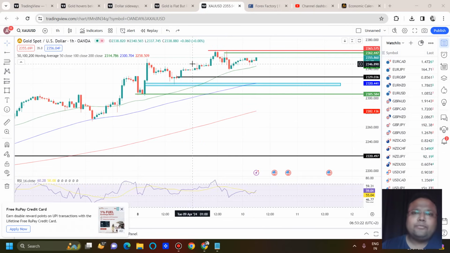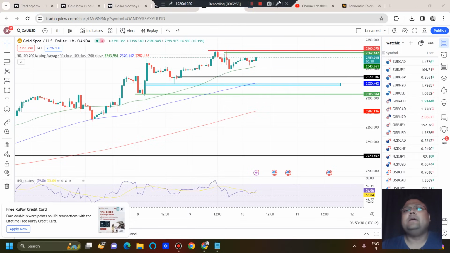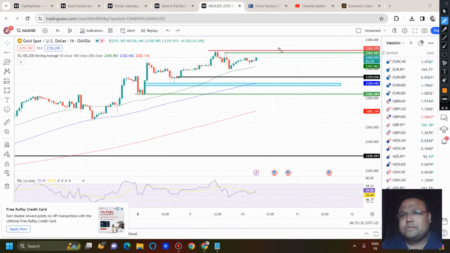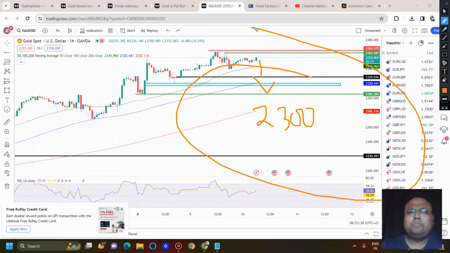So if you have an ongoing buy position on gold, no need to exit. You can still be on the trade because further upside is very much possible. In fact, after CPI or FOMC, if gold drops also, I don't think gold will break the 2300 level. Because of the ongoing market situation, geopolitical tensions, and buying by the central banks, I think if gold comes for a retracement, there's a high chance that gold will continue the upside.